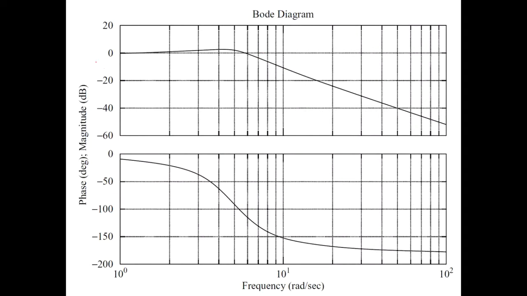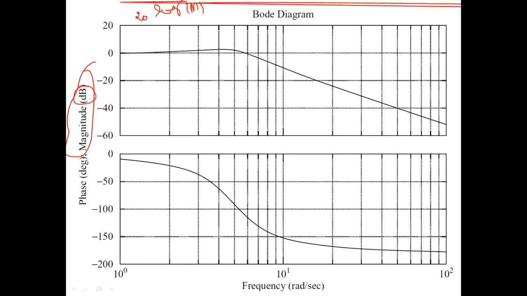The first graph, as shown, is the magnitude, and the unit is decibel because we evaluate 20 log M, the magnitude. The second graph is the phase angle in degrees.